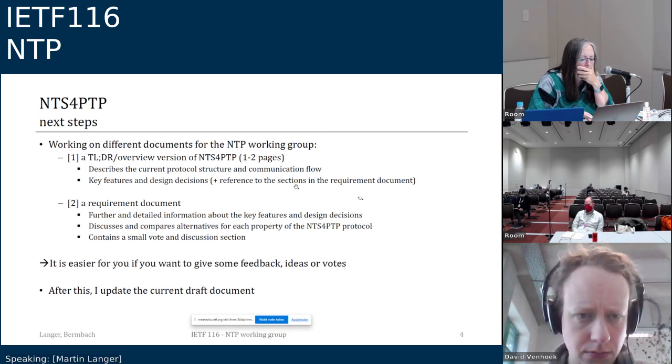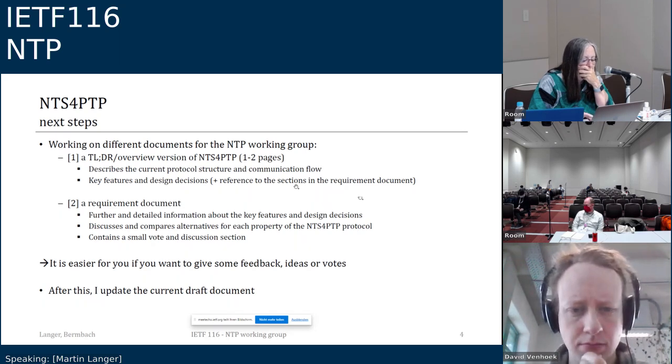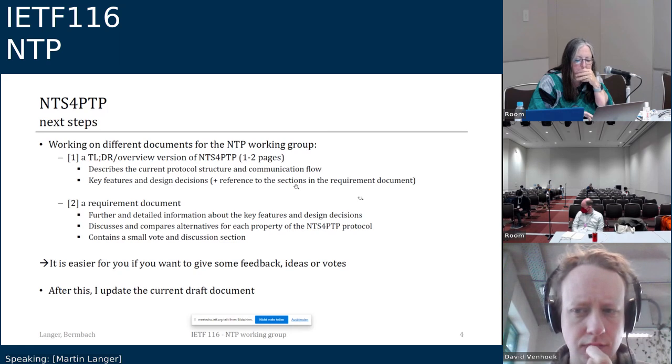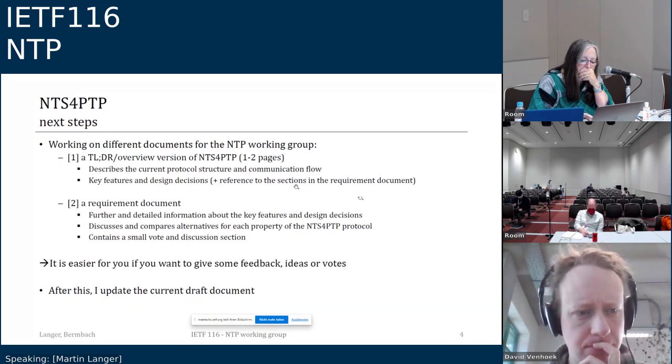Because of that the draft is very complex and pretty big, currently about 70 pages. I want to write these documents to make it easier for you to see what's going on in this protocol and how it works. So this is the reason for the too long didn't read version. Maybe one to two pages, and I guess it makes it easier to discuss the content.